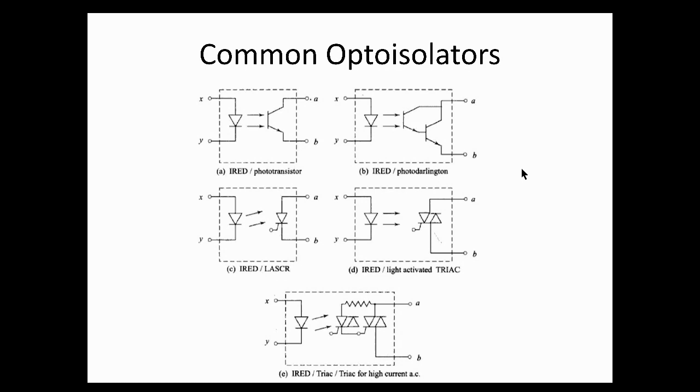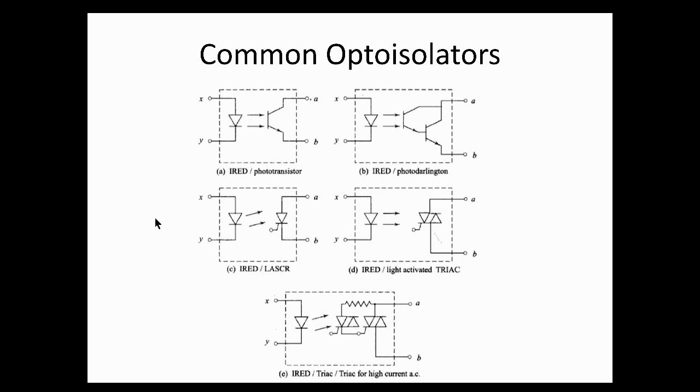All right, so as you can see here, the isolation is light. We don't have any physical connection taking place inside the device. Another advantage with this device when compared to, let's say, the mechanical relay is that this is more reliable.